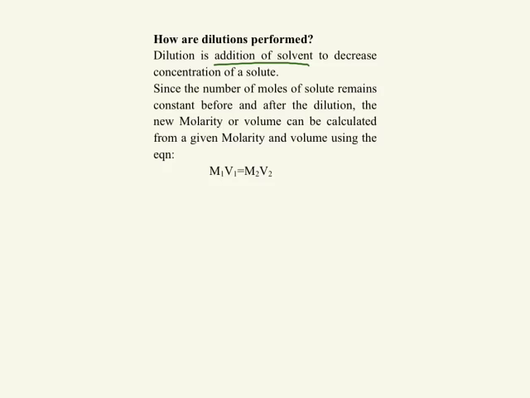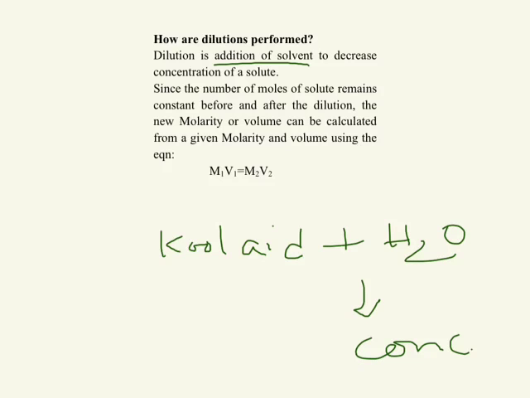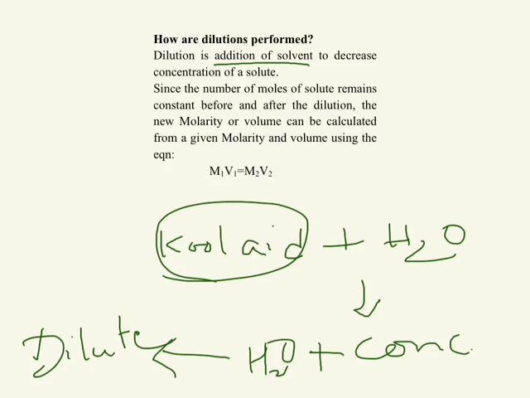But what happens when you are decreasing the concentration of the solute? You are not changing the moles. So let's say you have a Kool-Aid solution, you took some Kool-Aid powder, added it to the water, and you saw the solution is very concentrated. In this one, you added some more water to make the diluted solution. But did you change the amount of the Kool-Aid? No. Did you change the moles of Kool-Aid?